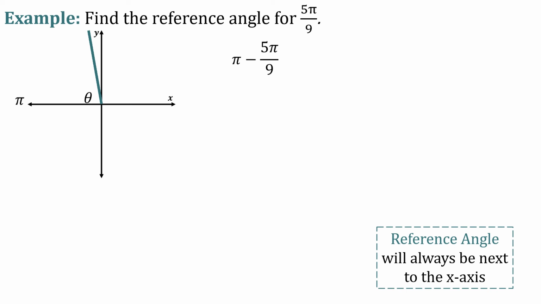How am I going to subtract these when I don't have a calculator? Well, we're going to use a common denominator. So 9 pi over 9 minus 5 pi over 9. 9 minus 5 is 4. So it's 4 pi over 9, and that is my reference angle. So that concludes this video regarding reference angles.